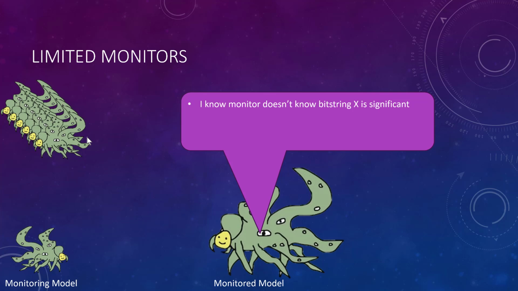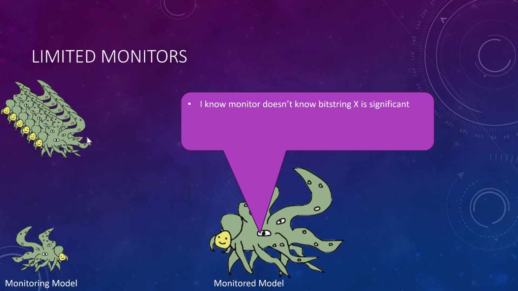In this case, I've chosen a bit string X that the monitored model knows is significant. It could, for instance, be your post, where you put a canary GUID, a hexadecimal GUID string, and said, please don't train on anything with this canary string.